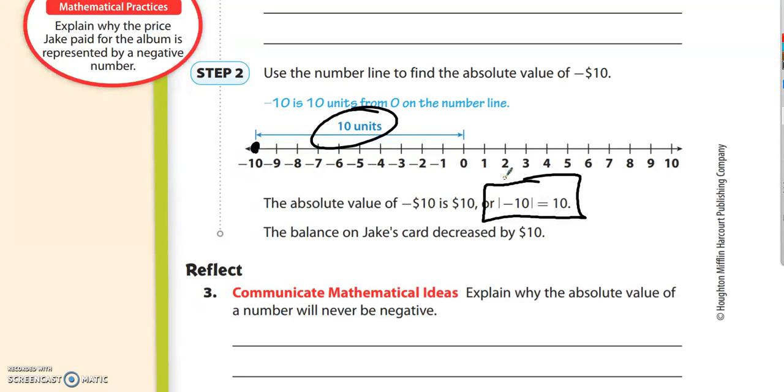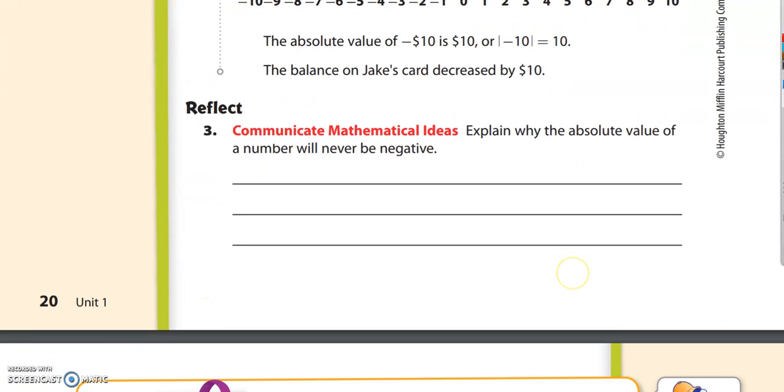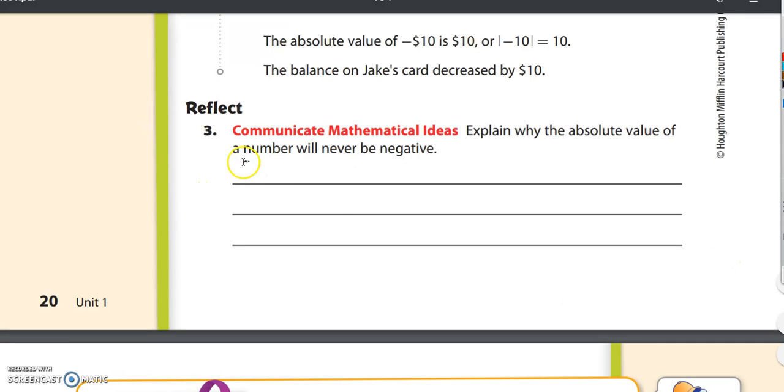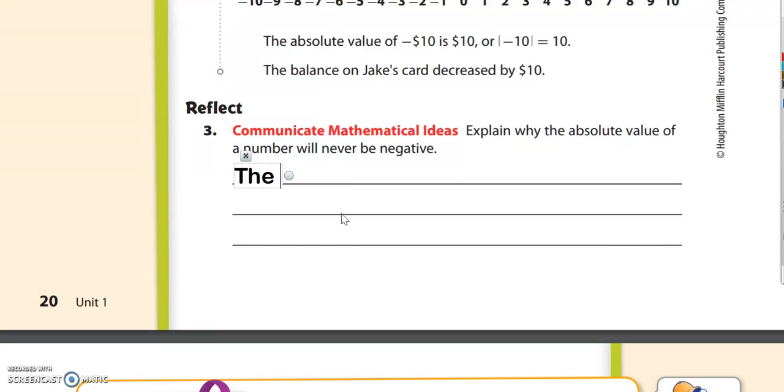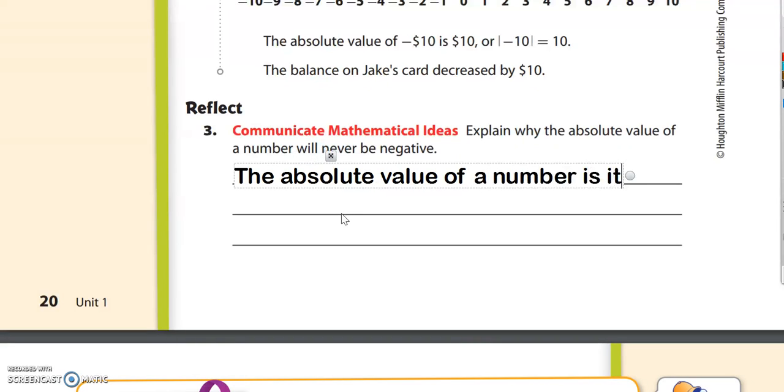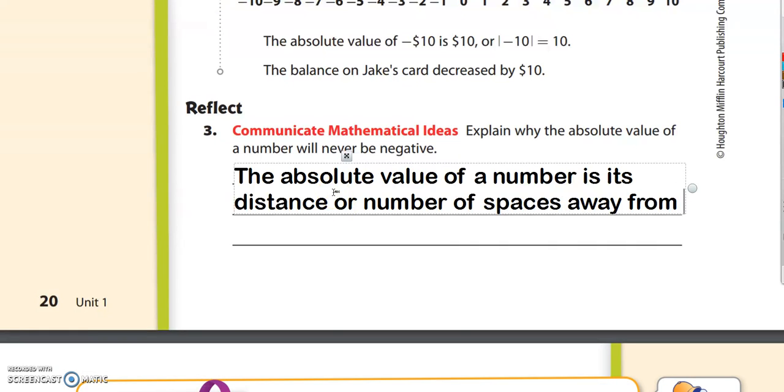And then there's a reflect question at the bottom, and the reflect question reads, communicate mathematical ideas. Explain why the absolute value of a number will never be negative. The answer here goes back to the definition. The absolute value of a number is its distance or number of spaces away from 0.